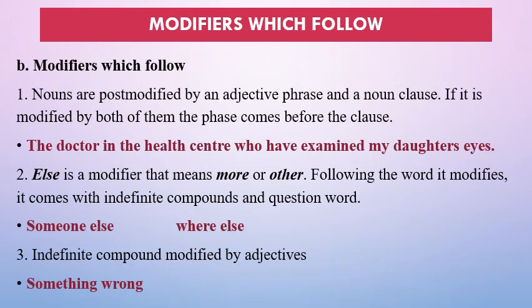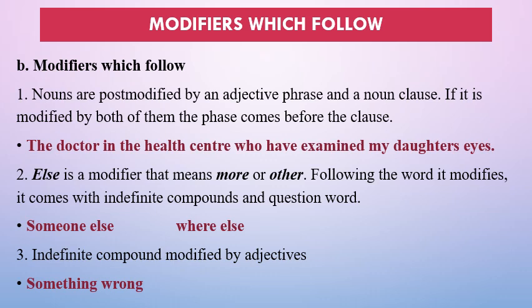The other part of modifiers is modifiers that follow. Modifiers follow what? They follow the word they modify. Now we have nouns. Sometimes nouns are post-modified either by an adjective phrase, a prepositional phrase, or a noun clause. What's the order?